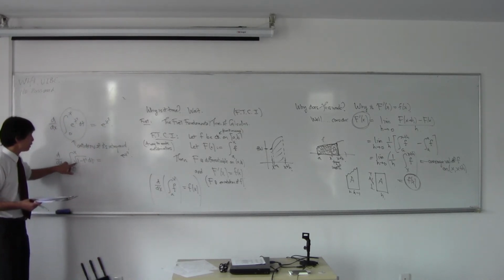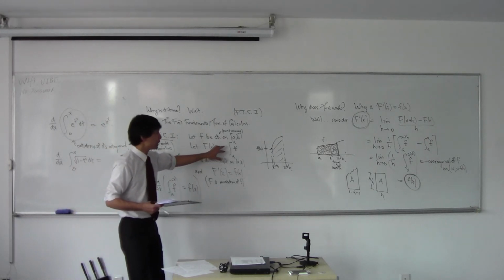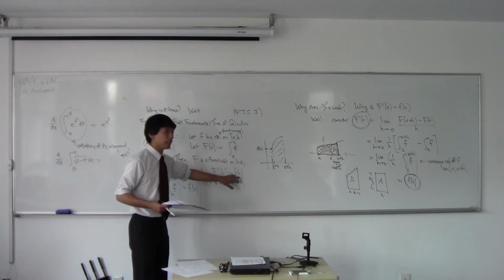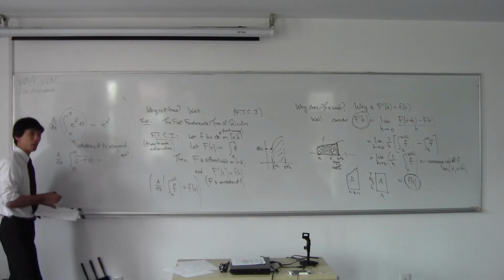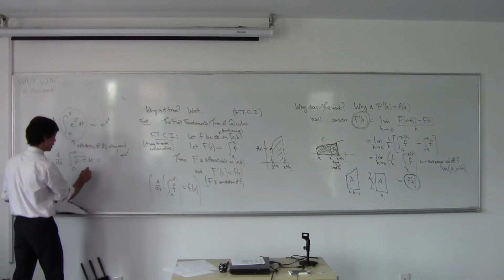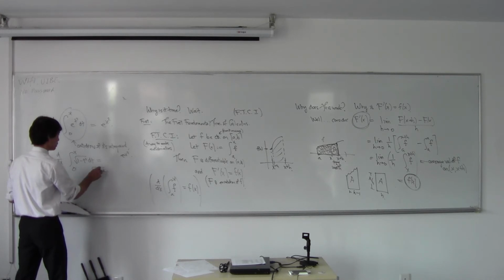Okay. Well, this is the area function. This is one of those area guys. And what we just said is that if you're differentiating an area guy, you get the integrand. So you just say, well, this looks very hard, professor, but in fact, all you get is the square root of 1 minus x squared.